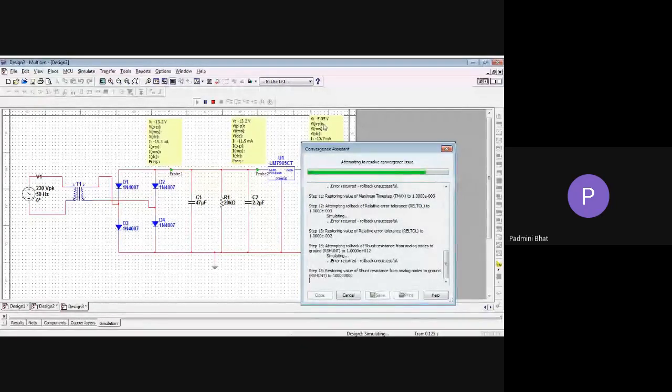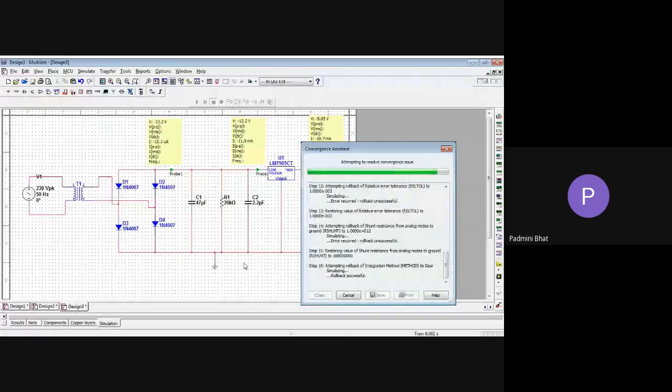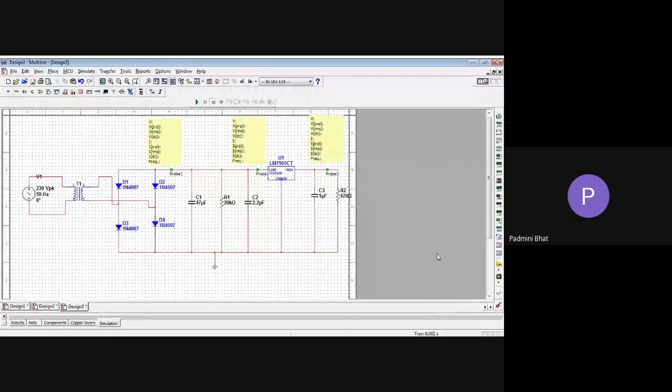Similarly, we can do it for plus 5 volt. Okay, we'll go for plus 5 now.